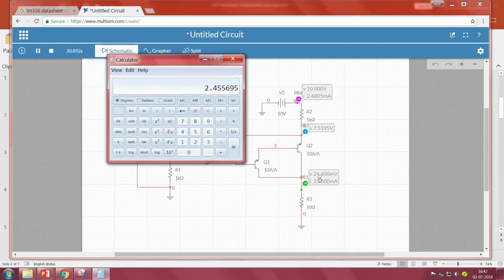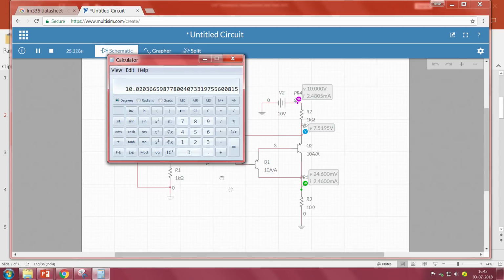So, even though 2.48, about 2.5 milliamps, is flowing, the collector current is somewhere around 2.46 milli. Now, what is the voltage drop? 24.6 milli divided by 2.455 milliamps, that means somewhere around 10 ohms.